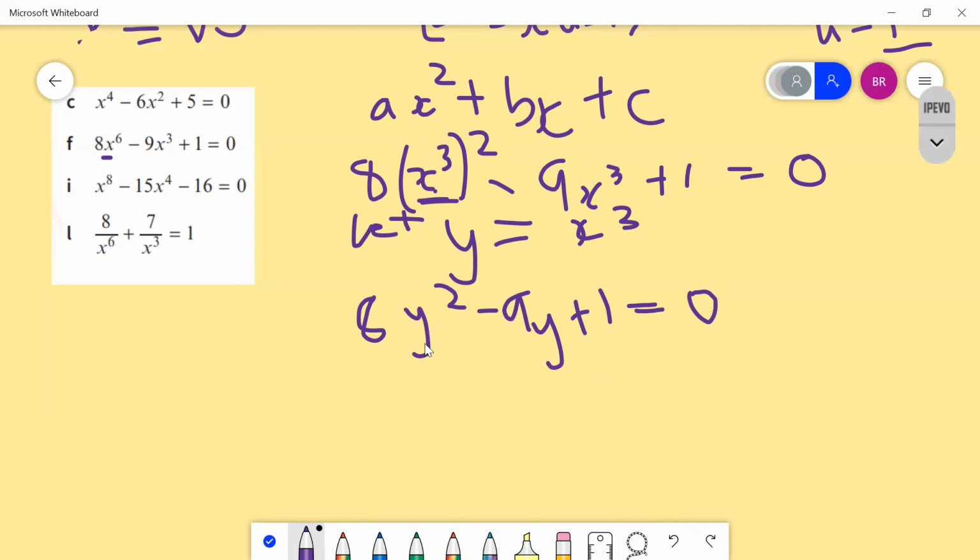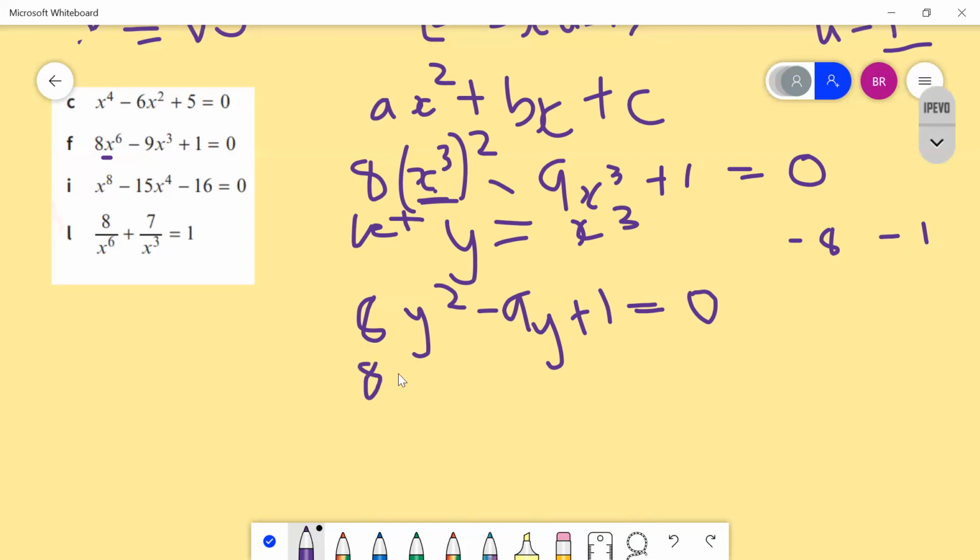Here I'm going to find multiples of 8 that give me minus 9. I think minus 8 and minus 1. Minus 8 minus 1 gives minus 9, and minus 8 times minus 1 gives 8. So that's correct. I'm going to use minus 8y and minus 1y here.